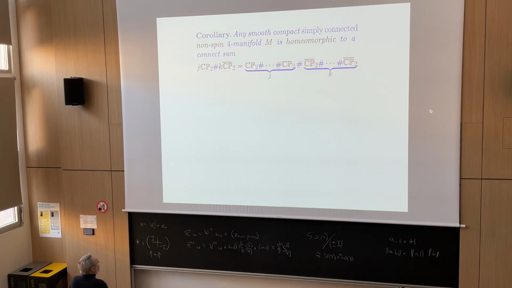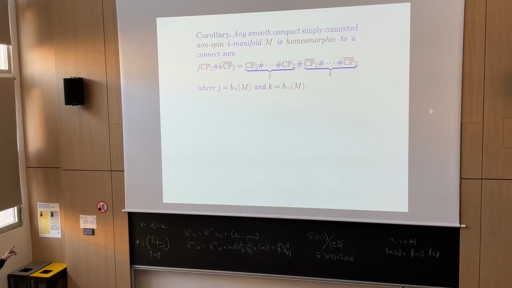Okay, so you can iterate this. You can take a disjoint union of J copies of CP2 and K copies of CP2 bar, and then cut balls out of them and iteratively glue them together by this process. The way I described B plus and B minus, you thought it had to do with the dimension of the space of harmonic forms.